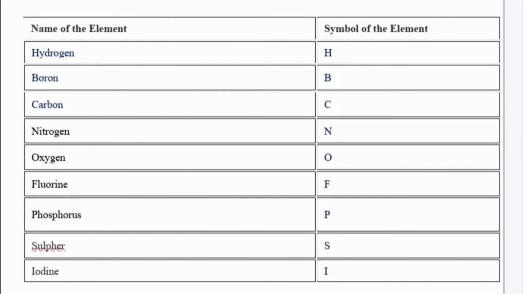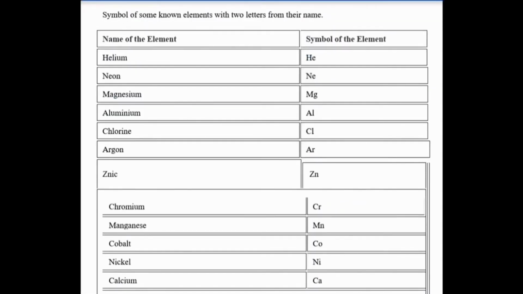Here is a list of a few elements whose symbols are given as the first letter of their name. Now we have 118 elements, so there may be two or more elements having the same first letter. For them we take the first two letters.